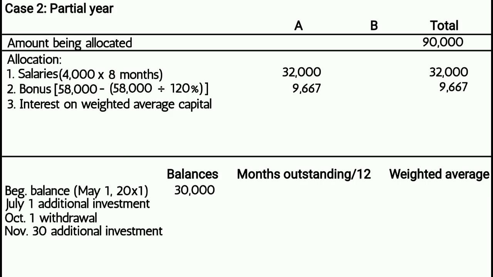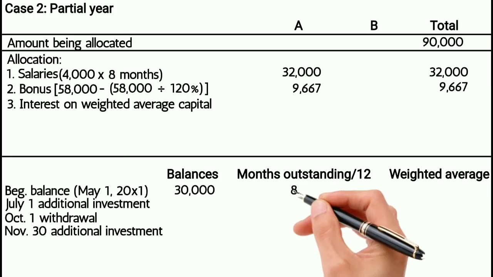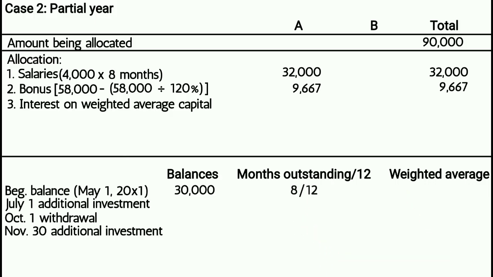Imumultiply natin yan sa 8 over 12. This time, since partial year, hindi 12 over 12, but rather 8 over 12. Kasi ang months outstanding from May 1, 20x1 to December 31, 20x1 ay 8 months.